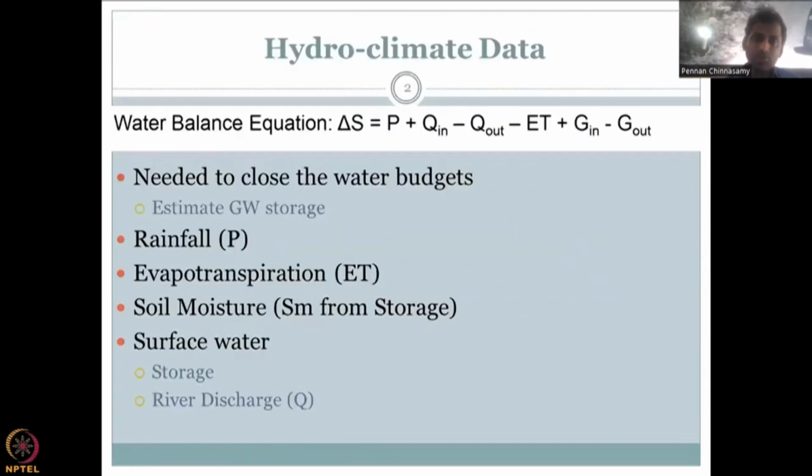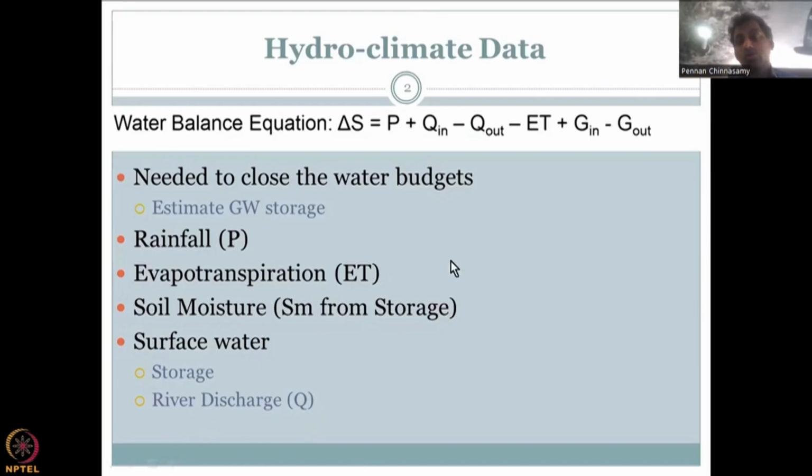So, since we have already seen the most important groundwater data parts, now we will be focusing on the hydroclimate data. Why do we need hydroclimate data? We already saw in the hydrological water balance slide that there is a storage change, which is estimated from your precipitation plus your Q in, which is your discharge coming in, and then minus your Q out, which is your discharge going out.